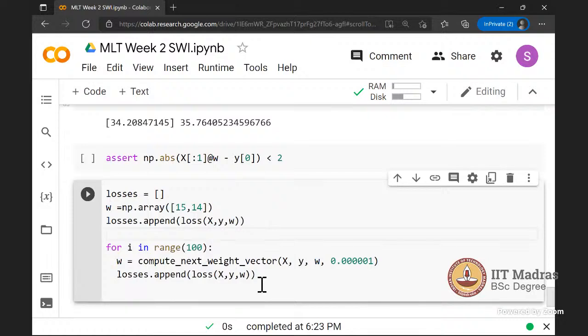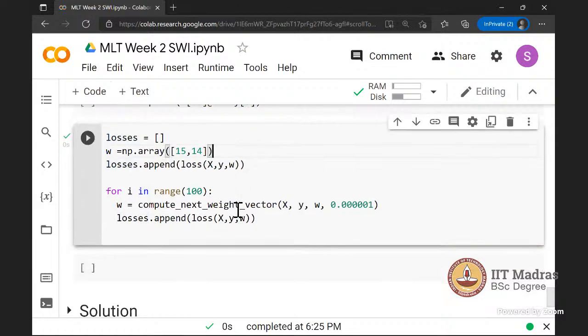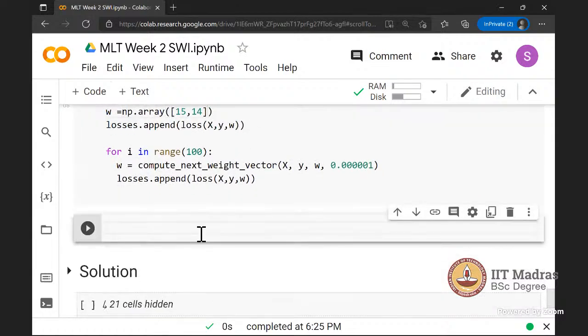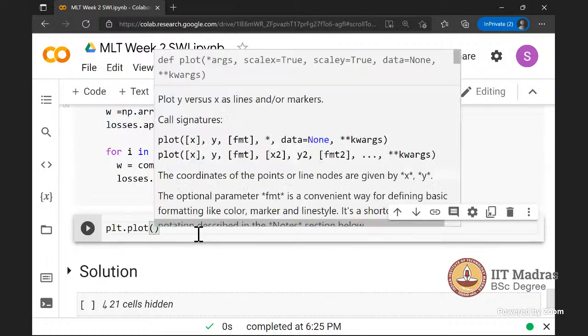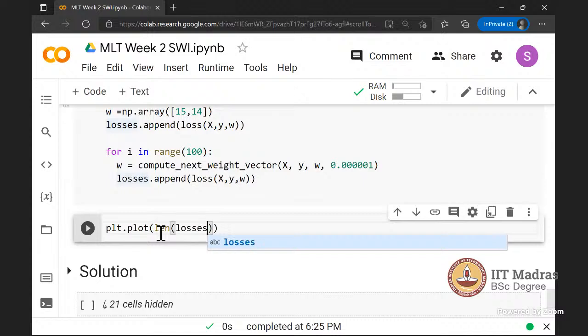Okay, so after doing this, all we have to do is plot this losses array. Let's execute it. It executed fine. Now plt dot plot. It should be, I think, X equal to np dot arange 100, losses.